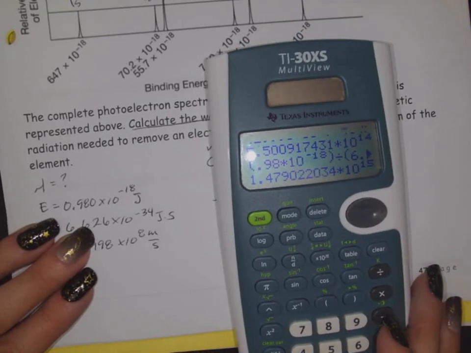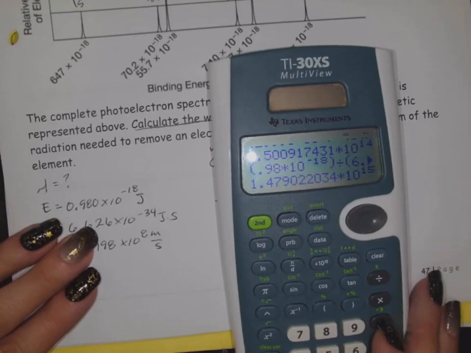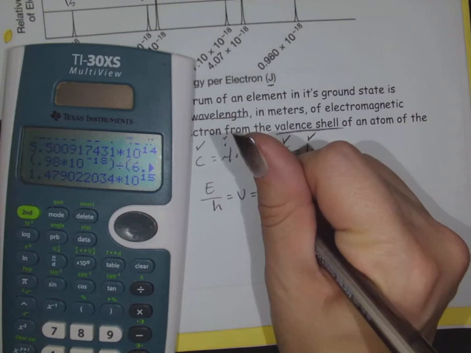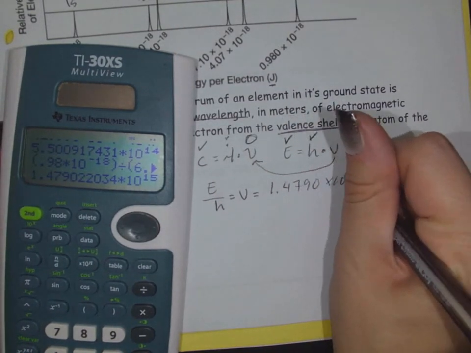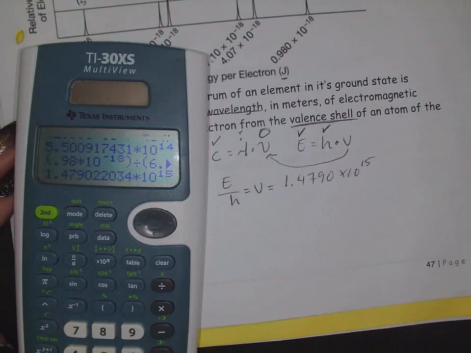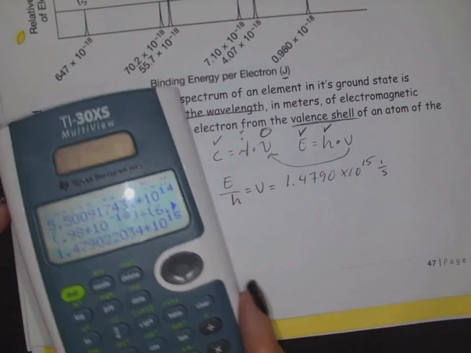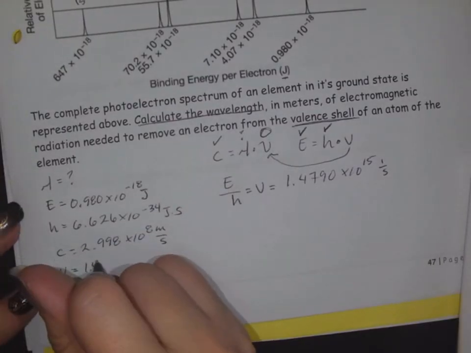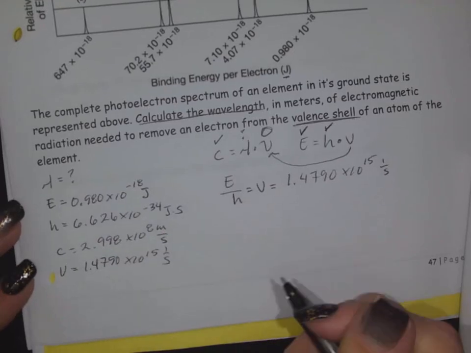I do not want to round for sig figs right here. That'd be intermediate rounding. It can cause some errors. So I'm going to write a whole bunch of digits. 1.4790 times 10 to the 15th. Frequency, inverse seconds. Okay. Now that I do know frequency, 1.4790 times 10 to the 15 inverse seconds.